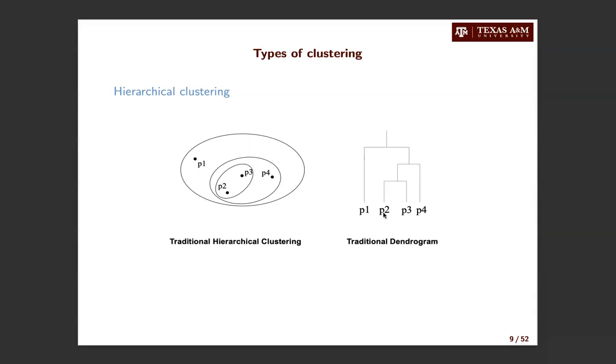And here you also see the dendrogram structure of that hierarchical approach. Finally, our entire data set comprised of samples P1, P2, P3, and P4 is considered to be a cluster by itself, as denoted by this big circle here, and as denoted by this first layer of this dendrogram.